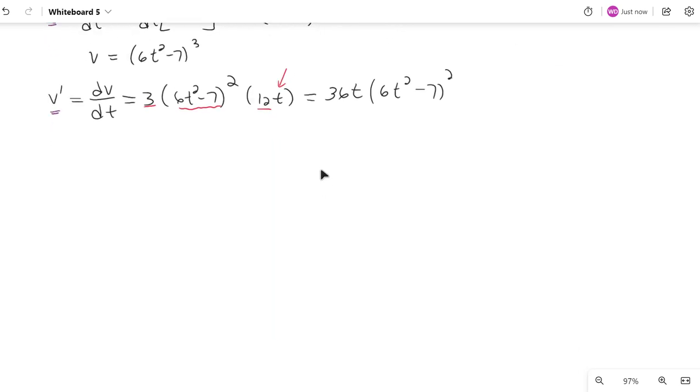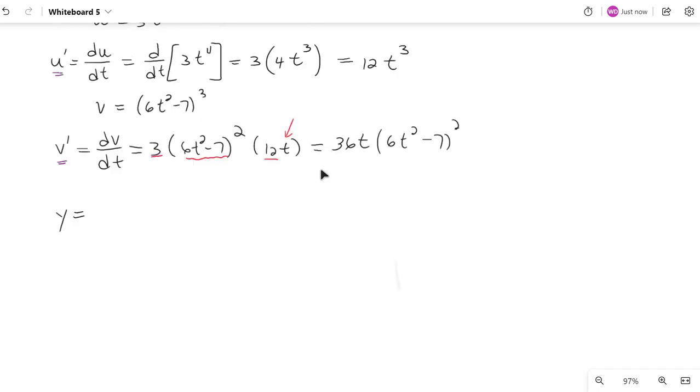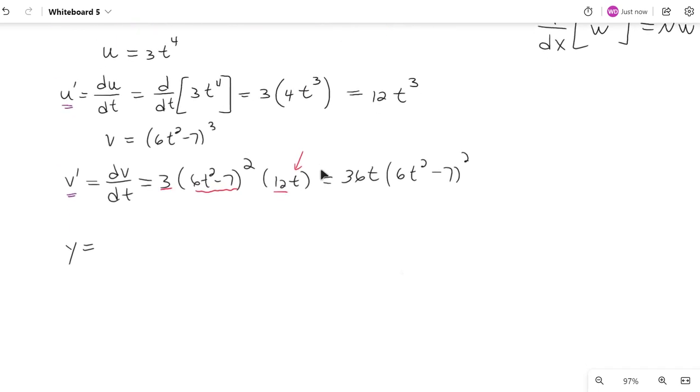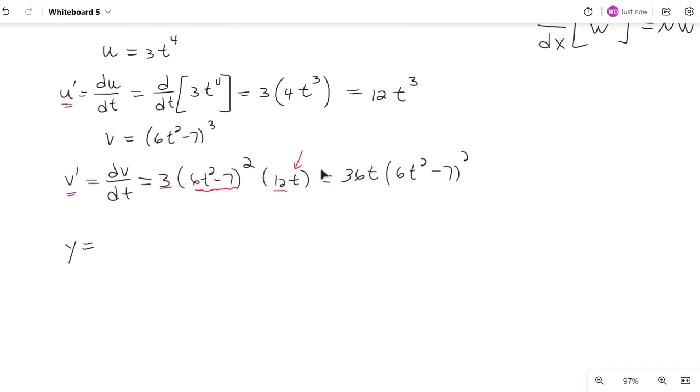So if you recall, we had that y is equal to, I forget, what was it? It was the 3t to the 4th. All right, so then that's the 3t to the 4th times 6t squared minus 7 cubed.